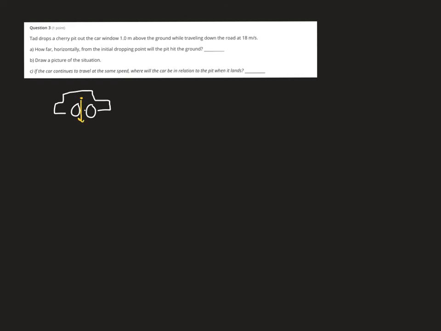We know that the distance it was dropped from, the height, was 1 meter. The velocity is 18 meters per second.